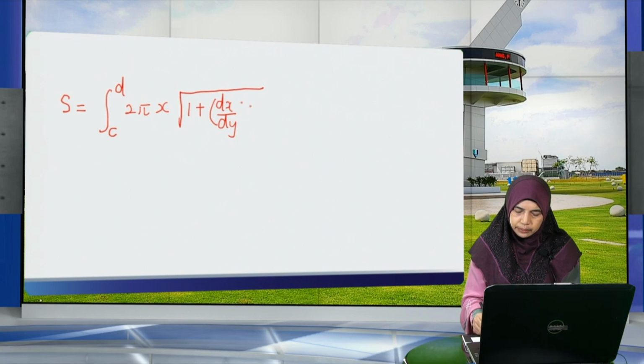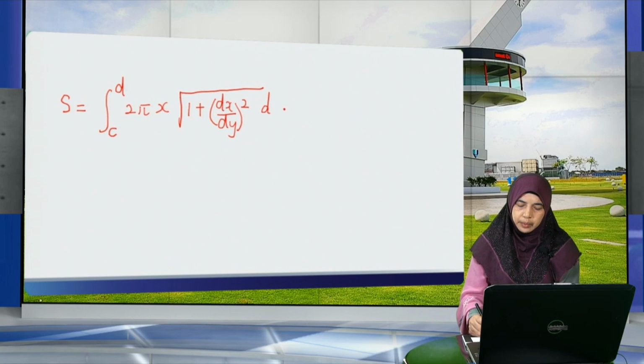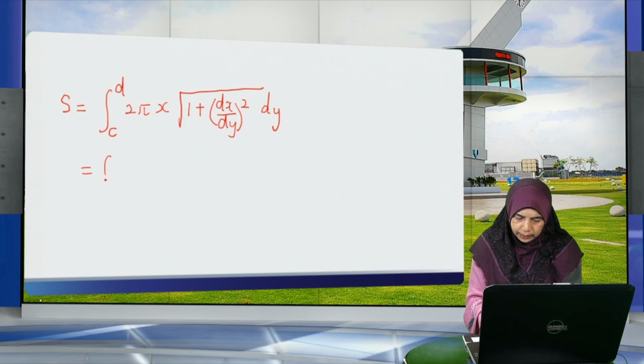We differentiate x with respect to y now, because we want to revolve about the y-axis. So we will get integration from 1 to 4, 2 pi.